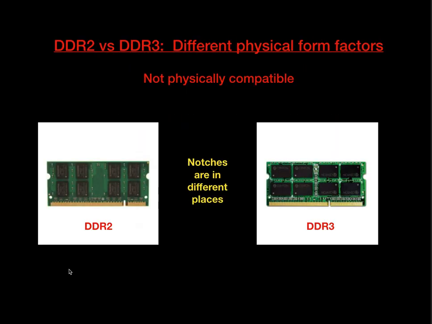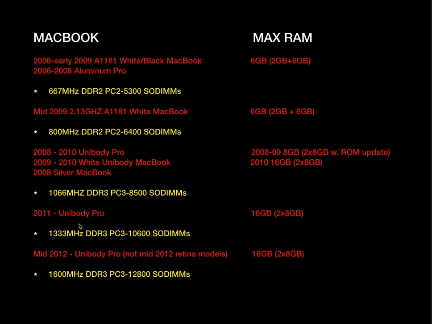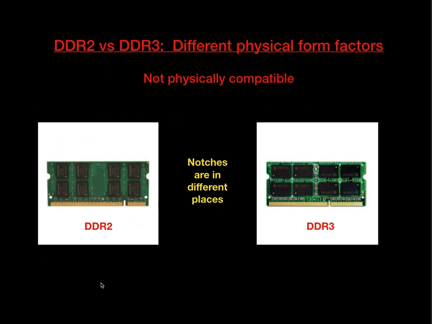So DDR2 versus DDR3, what does that mean? The earlier MacBooks take DDR2, later ones take DDR3. There are a lot of technical differences between those two, but I won't get into that. For practical purposes, they are not physically compatible with each other. DDR2 has the notch right there. DDR3 has the notch a little bit further in. So you can't put a DDR2 module in a DDR3 machine or vice versa.